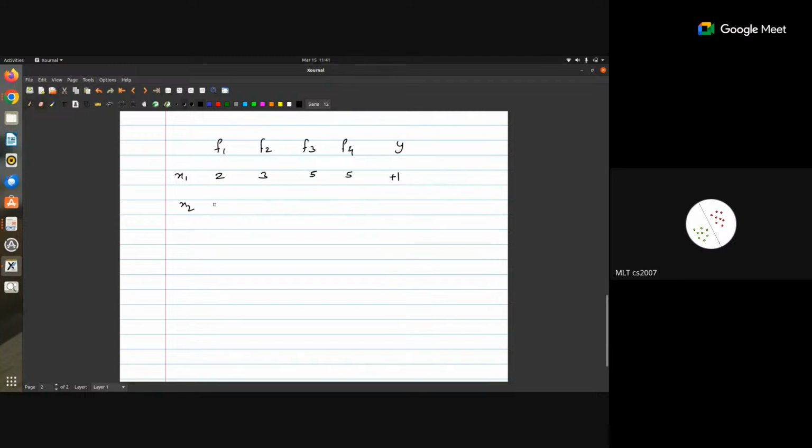X2 is 1, 2, 4, 5, with plus 1. X3 is 5, 5, 6, 8.